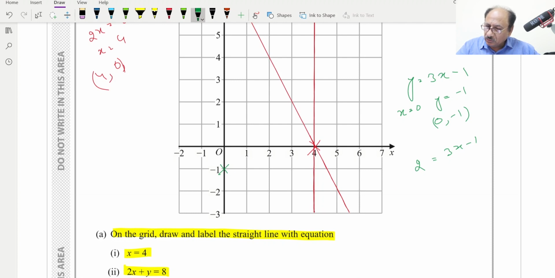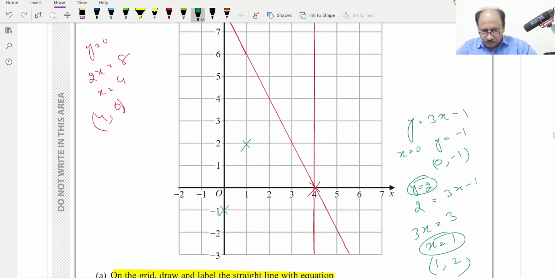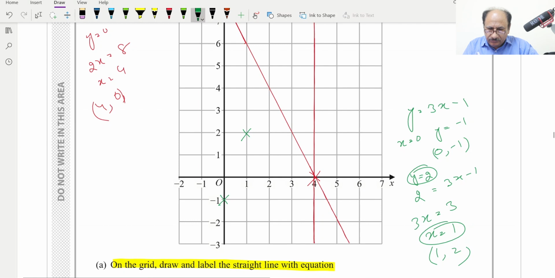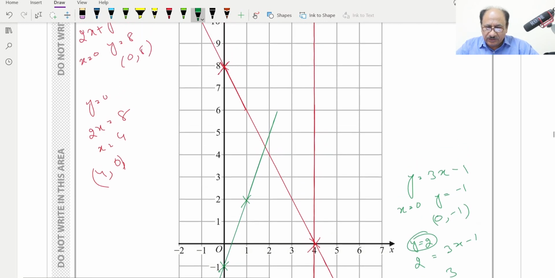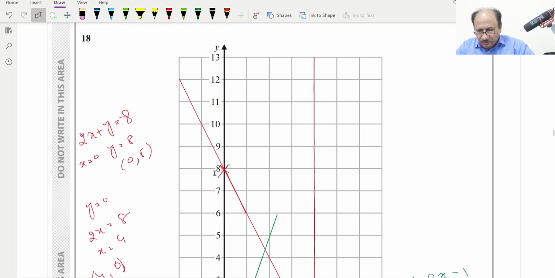If y is equal to 2, now 3x will be equal to 3 and x will be equal to 1. So the point will be 1 and 2. 1 and 2 will be this point, and we can draw this line, extend it to the end of the grid, and draw it like this.